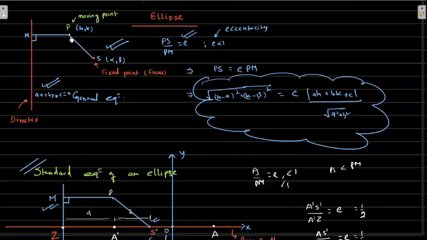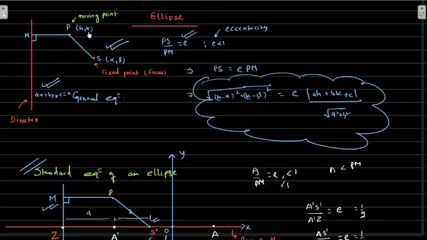What is that? It is the ratio of the distance of this point from the fixed point and its perpendicular distance from the fixed straight line. This ratio will always be a constant, and this constant is always less than 1: half, 1 by root 2, 1 by root 3. Under this geometrical condition, the path traced out by this point will give an ellipse.